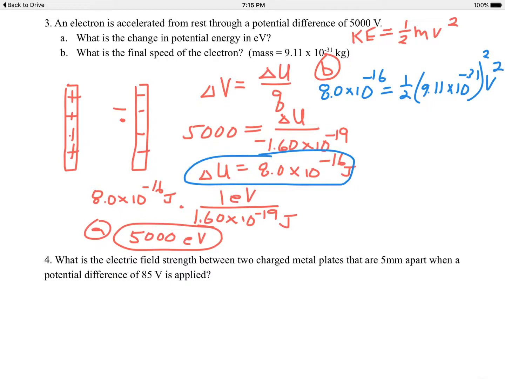All right, I go to my magic box, my calculator, and it comes out to be v, the final velocity, 4.2 times 10 to the 7th meters per second. That's the speed of the electron as it strikes the positive plate.